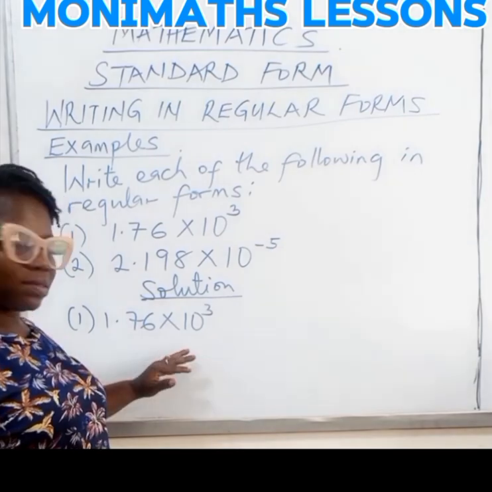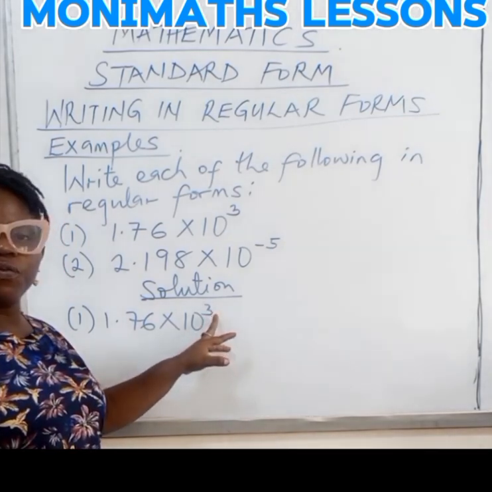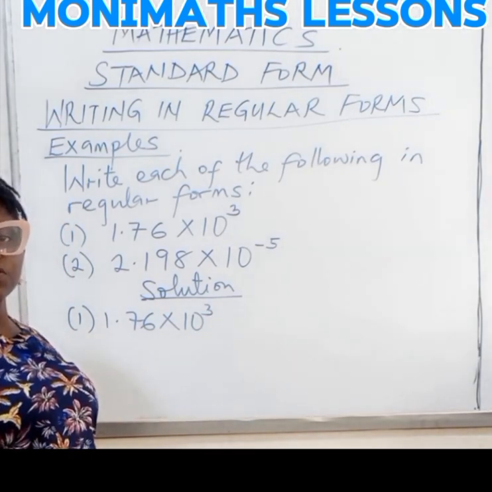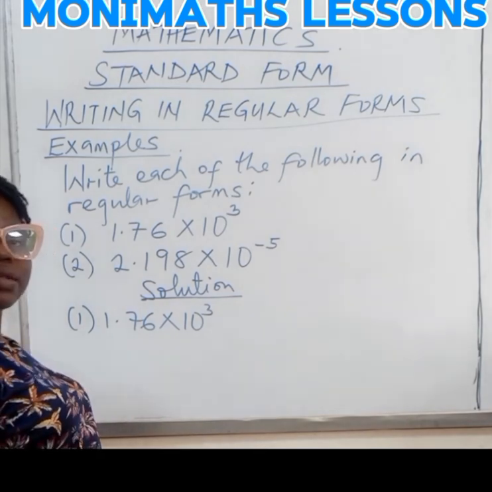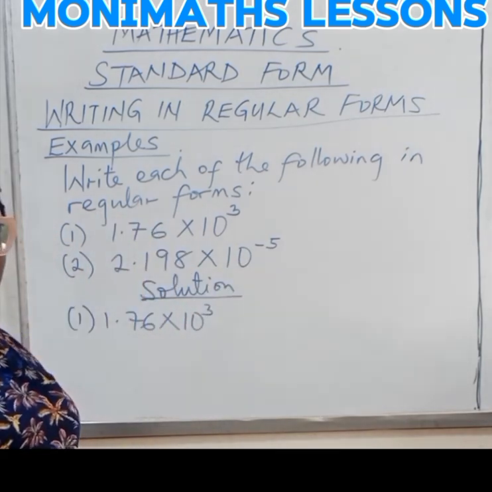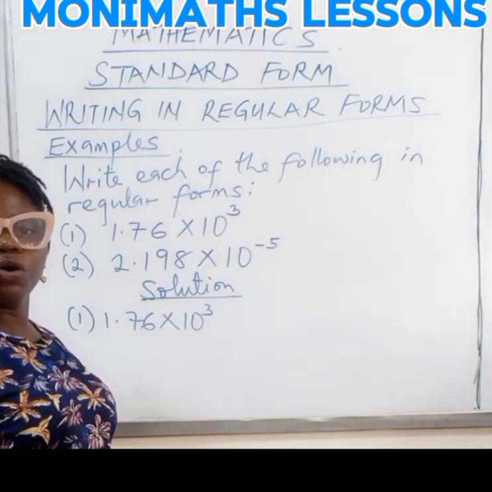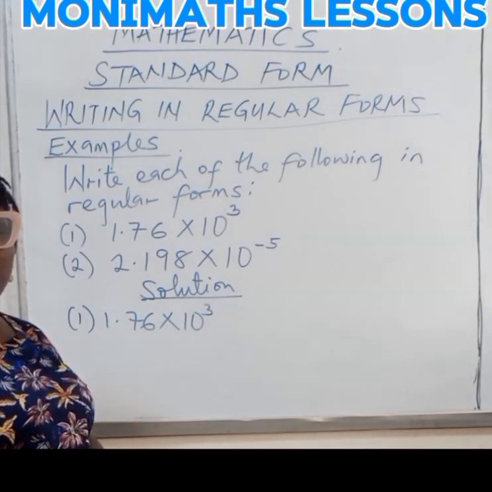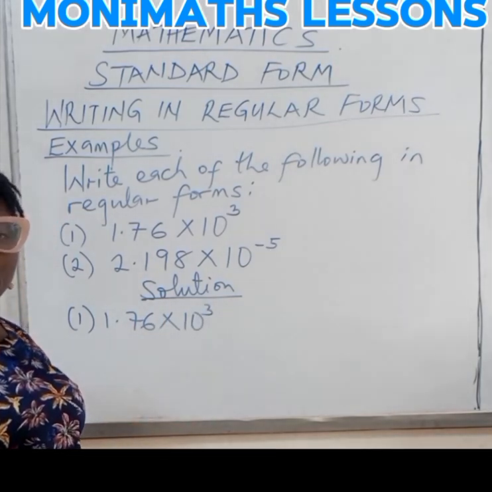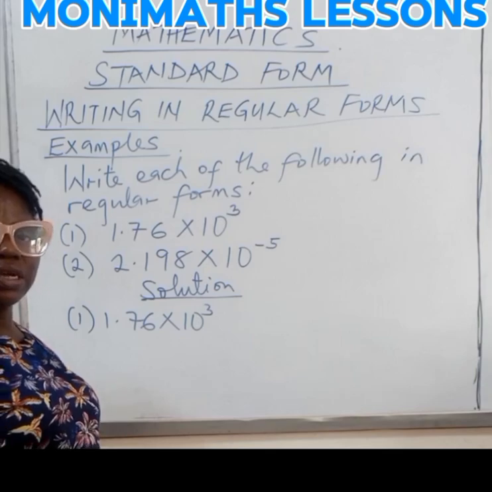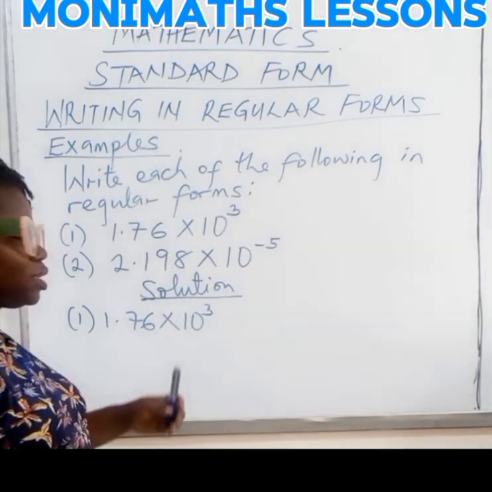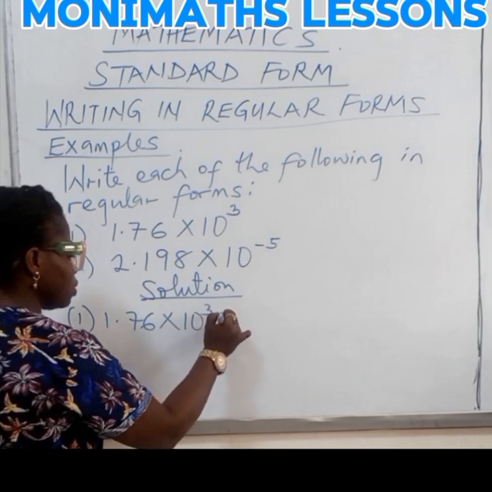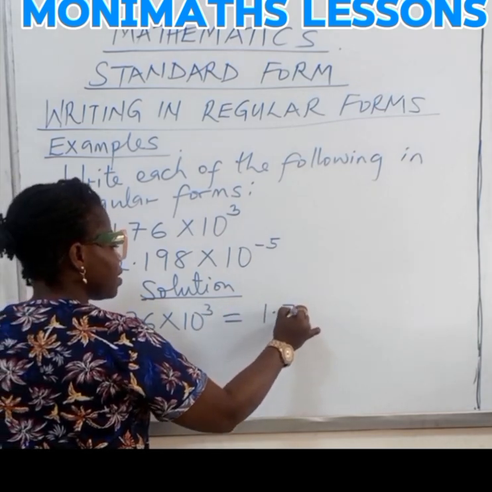because we know that the power of 3, positive 3, is gotten by moving the decimal point towards the left 3 times. So to get the regular form of this number, we will just have to do the opposite. That is moving the decimal point towards the right 3 times now. So let us do it. That is 1.76.